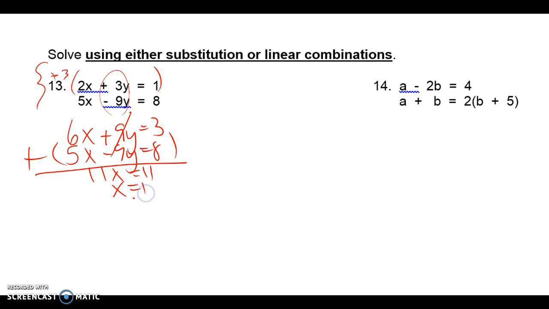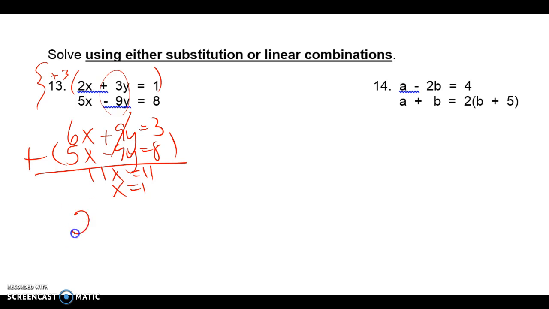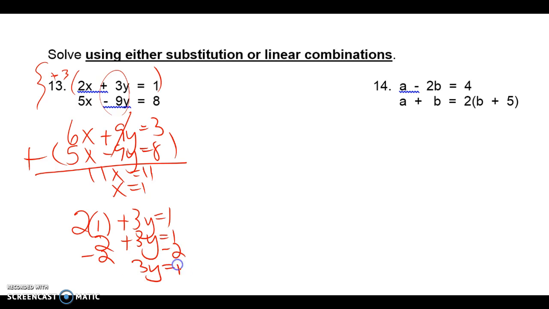X equals 1. Now I can use either of these equations to solve, so 2 times 1 plus 3y equals 1. 2 plus 3y equals 1, minus 2, 3y equals -1. If I divide by 3, y equals -1/3.